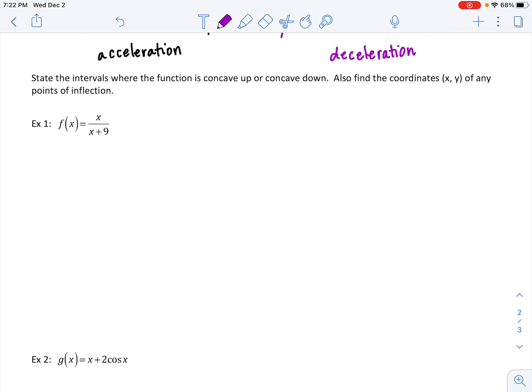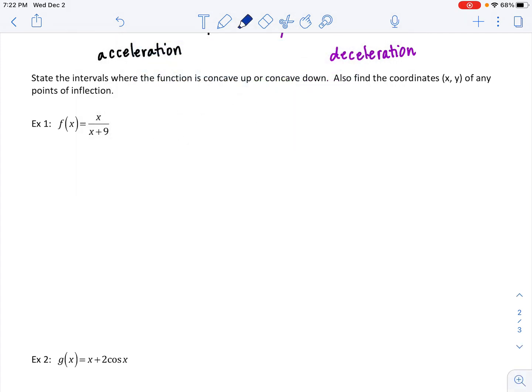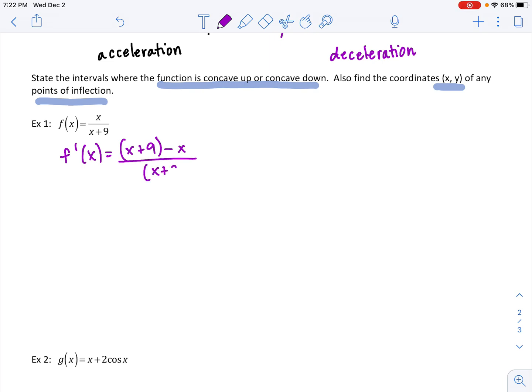So now we're going to take the calculus of it, and we are going to do some work here, allowing us to figure out where the function is concave up or concave down, and then find the coordinates of any points of inflection. So let's start by taking the first derivative. That's low d high is 1, minus high d low is 1, all over the denominator squared.